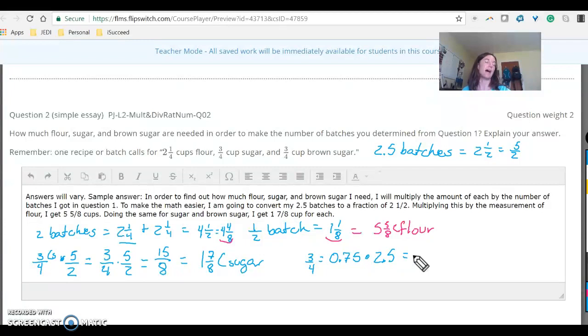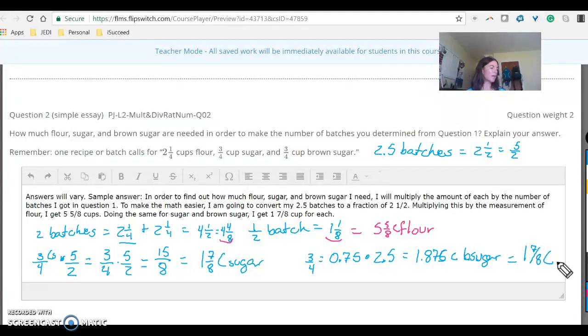And when I do that, 0.75 times 2.5 is 1.875. And if I were to change 0.875 into a fraction, I'd find that it was the same as 7/8. So this is 1.875 cups of brown sugar, which is the same as 1 7/8 cup.